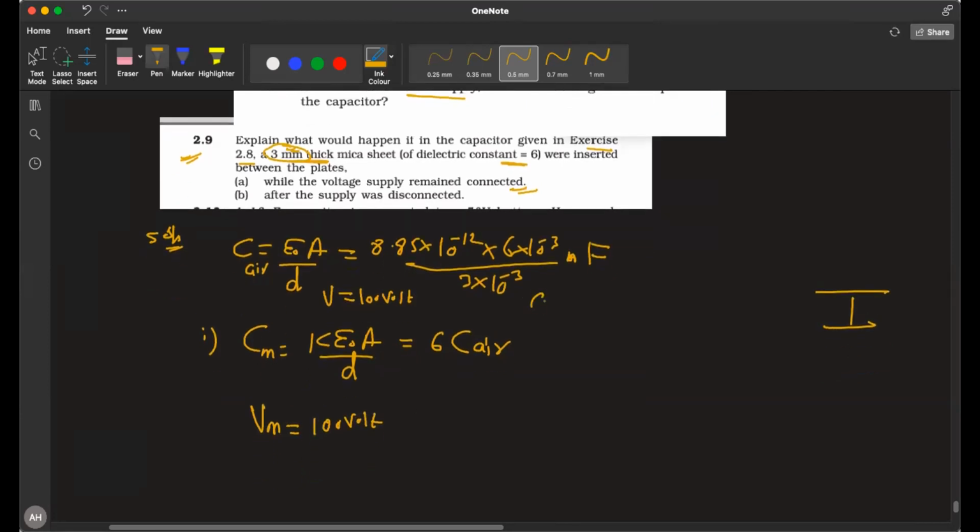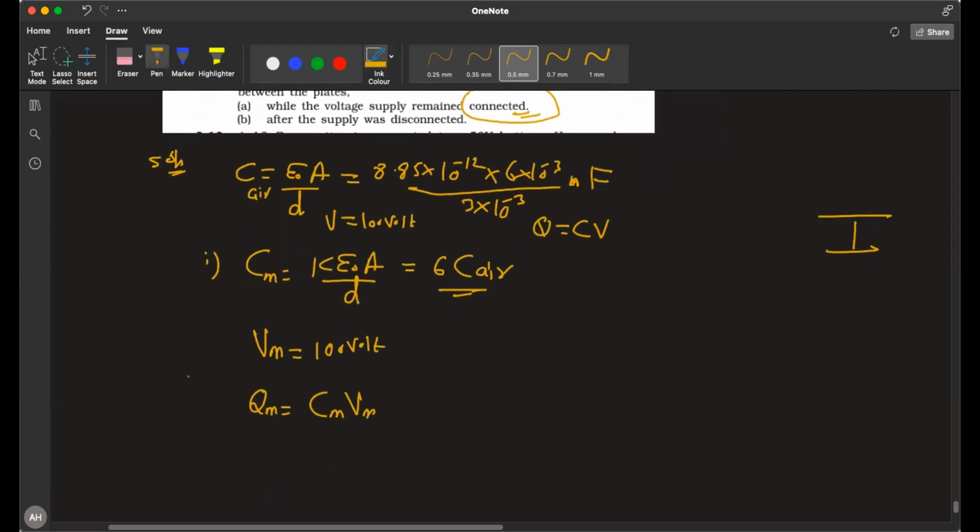Charge will change. See, earlier the charge was CV, but now the charge will be C_m into V_m. Charge will change because capacity changes. Is it clear? So when your battery remains connected, capacity will change, potential will not change, and charge will change. Charge will increase, exactly.